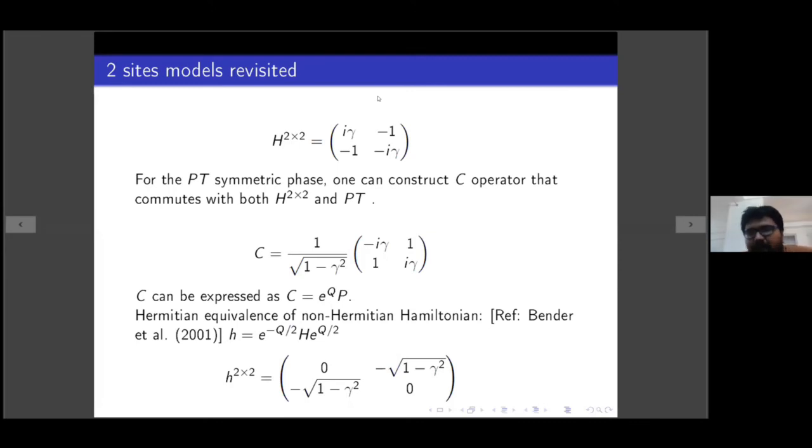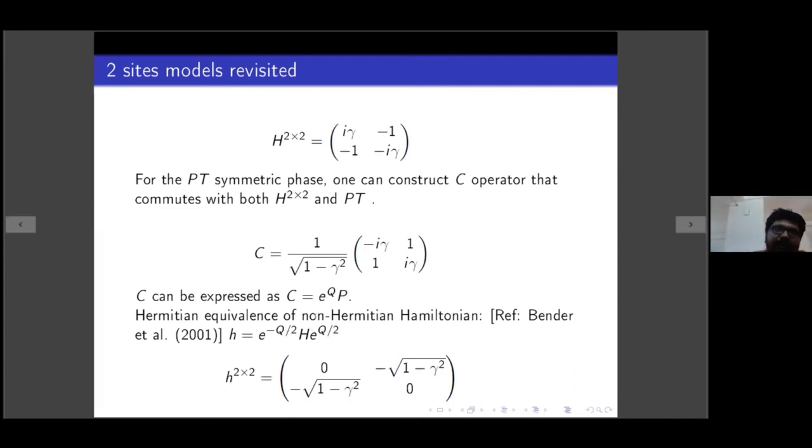In this simple framework, you can very easily show that the C operator has this particular simple form. And then again, thanks to the work of Bender in 2001, one can do a mapping between this non-Hermitian Hamiltonian and the Hermitian Hamiltonian, and you can do it only in the PT symmetric phase, as a matter of fact.